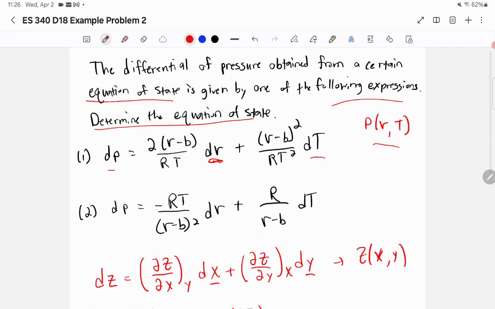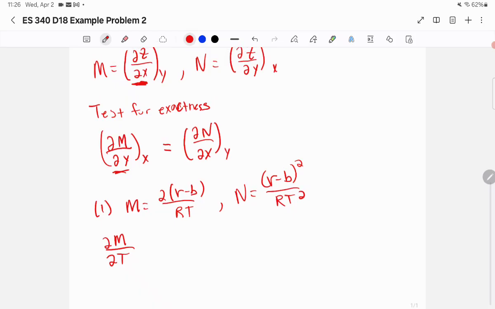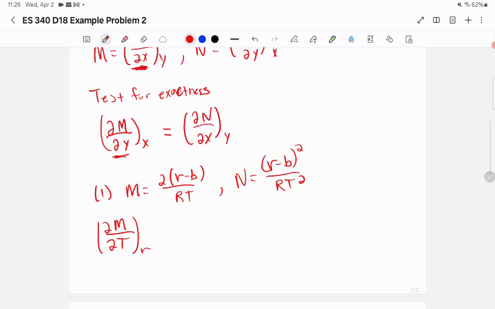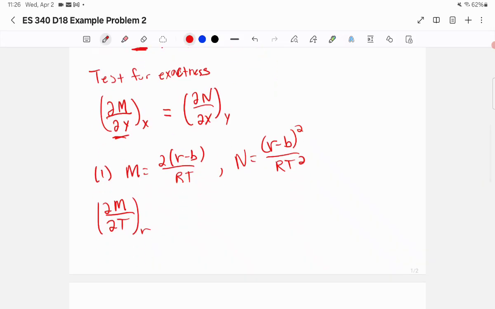M was related to V, so now we're going to take the partial with respect to T, holding V constant. So we're going to hold V constant here and take the partial derivative of this with respect to T. Since M is equal to 2 times (V minus b) divided by R times T to the minus 1, that's going to be useful for us.